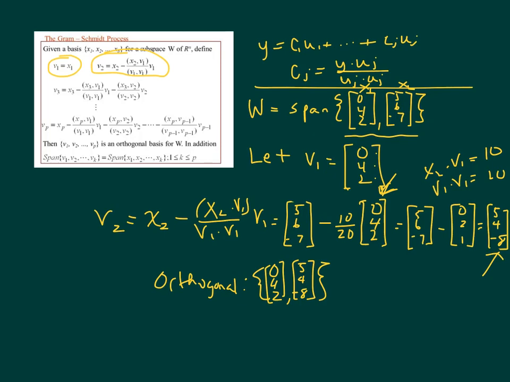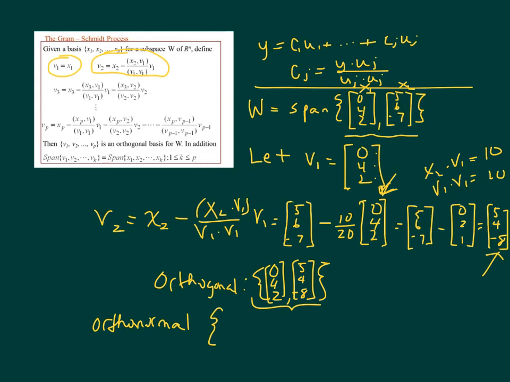Okay, so now if we want to turn that into an orthonormal basis, we just take each of those vectors and normalize them. For the first one, the length would be the square root of 20.